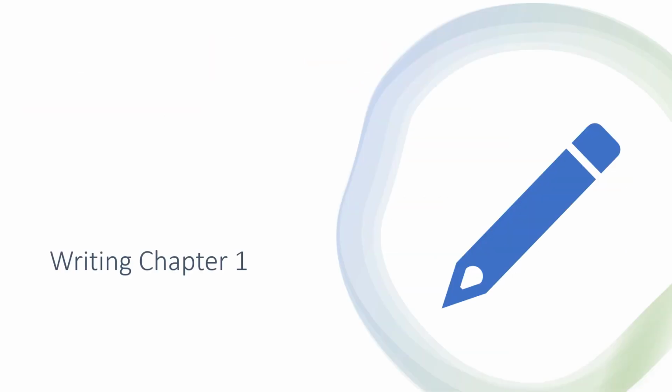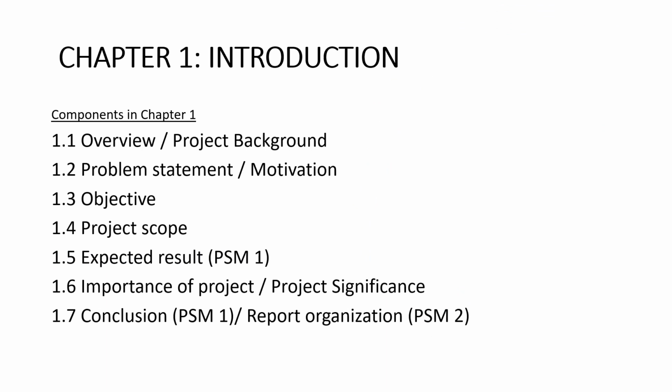Okay, so let's go back to writing chapter 1. Chapter 1 is almost similar to the project proposal, so you can reuse the information in your project proposal. Importantly, the clarity of the explanation, the sequence of the ideas, the grammar, and the language itself help the reader to understand clearly what will be developed and what the project is all about.